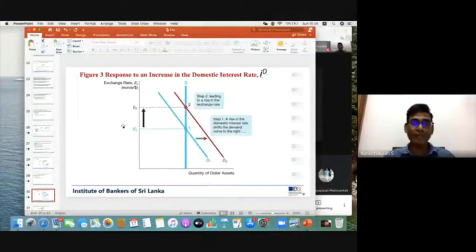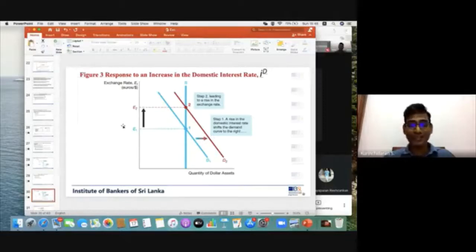Either way, if you want a deposit in the US or to buy US treasury bills, you need US dollars. So when the US interest rate increases, you will demand more US dollars.